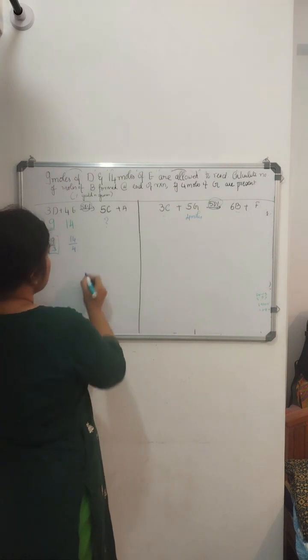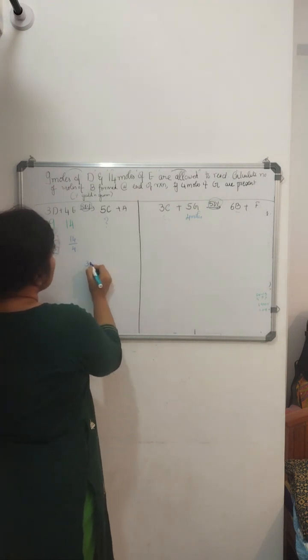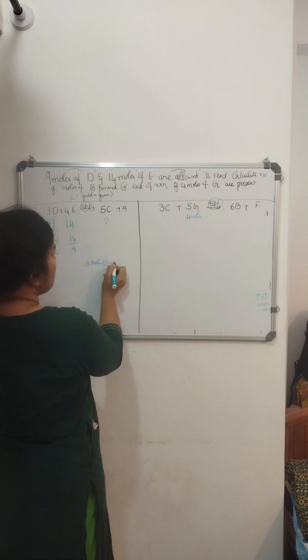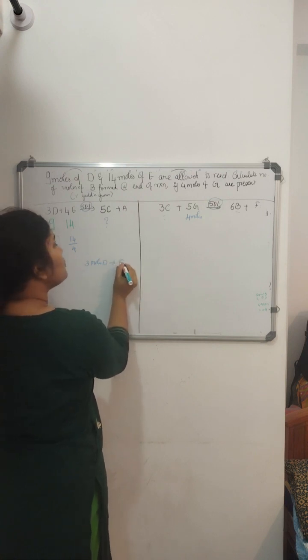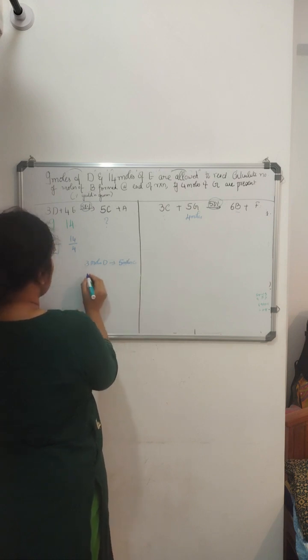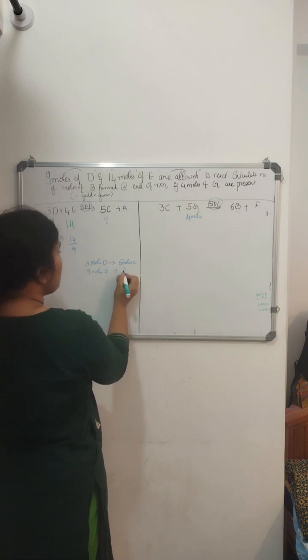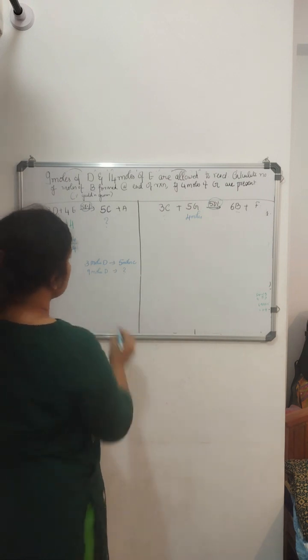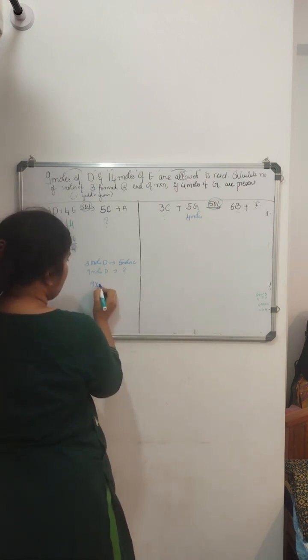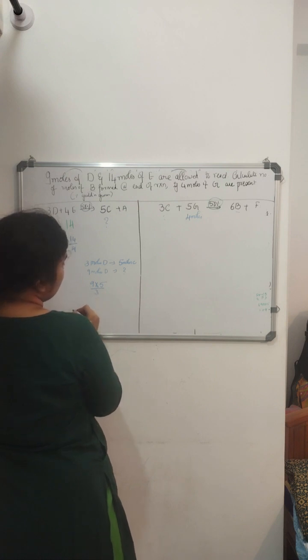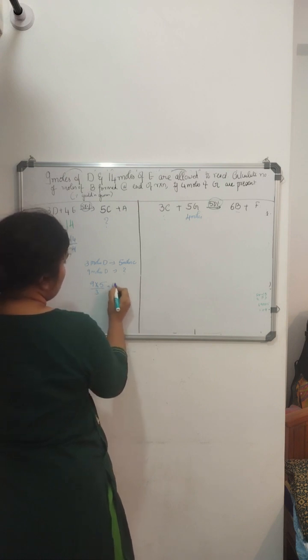So let us see here. 3 moles of D is going to give me 5 moles of C. How many moles do I have there? 9 moles of D gives me how many moles of C? This is just 9 into 5 divided by 3, which is 15.